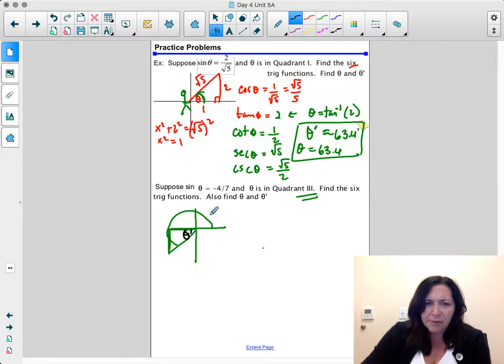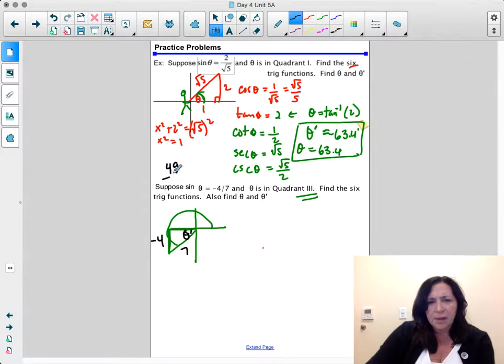Here's theta reference. So opposite over hypotenuse, so we have -4 over 7. So what is that going to be? 49. So that's square that. 49 minus 16 is 33. So this value here is the square root of 33, except this is negative, because you're going to the left.